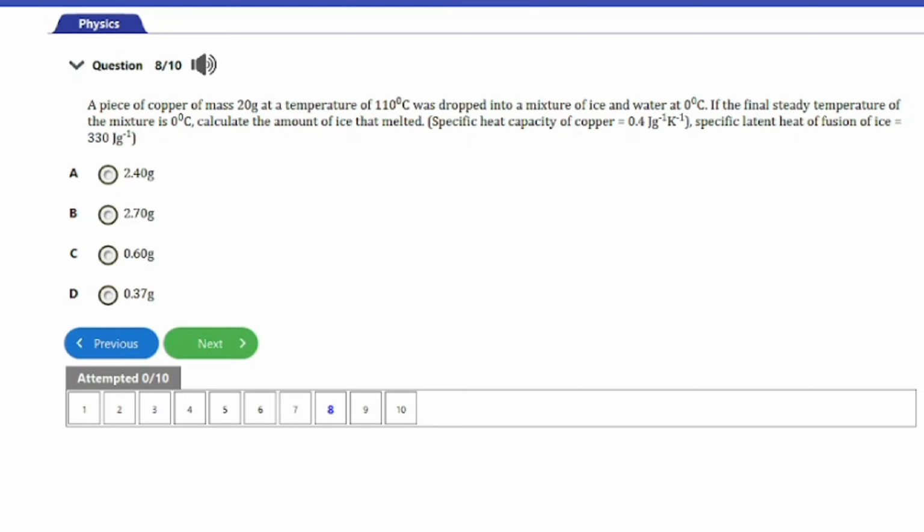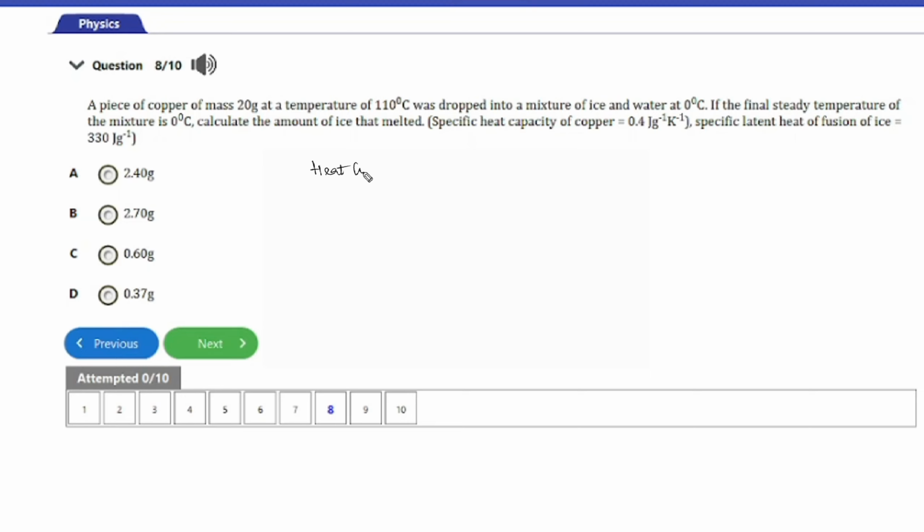So let's take specific heat capacity of copper to be 0.4 joule per gram per Kelvin, and the specific latent heat of fusion of ice to be 330 joule per gram.